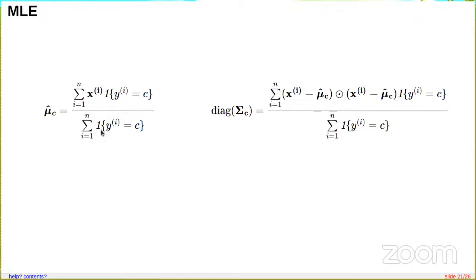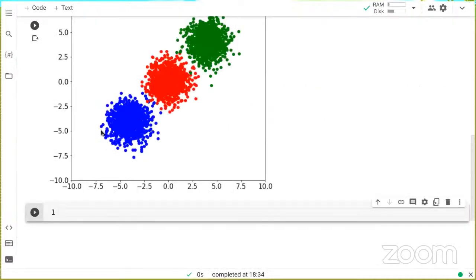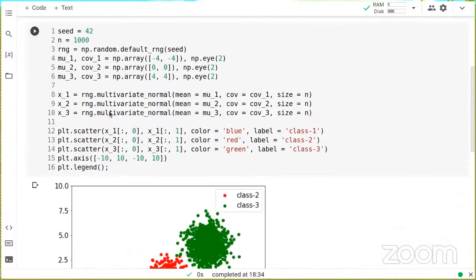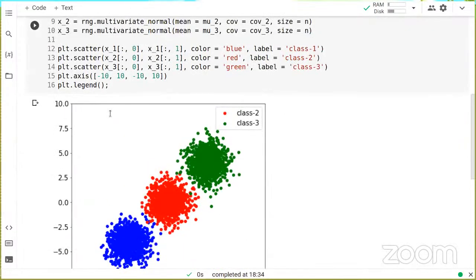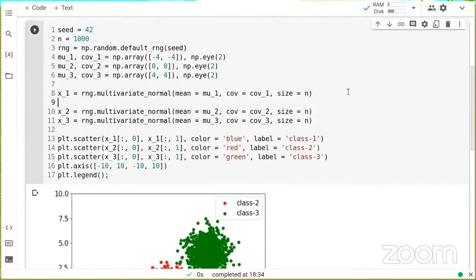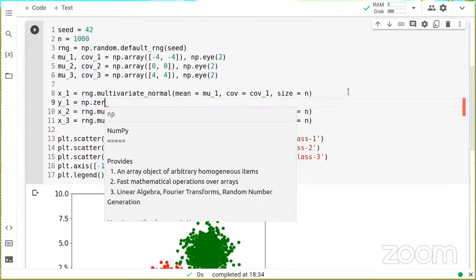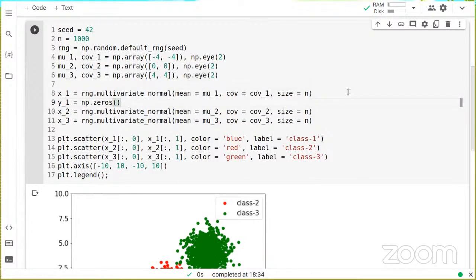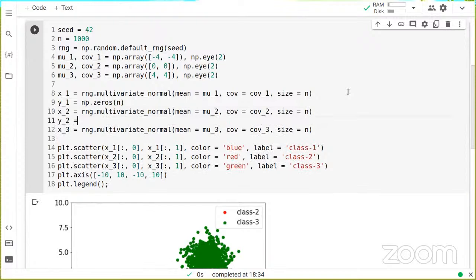Before we do the estimation, I would also like to generate the labels. So let's say this is going to be np.zeros of n. What should y2 be? Can someone tell me?